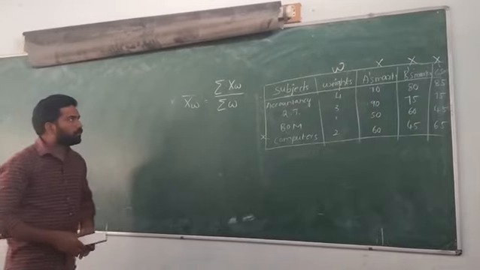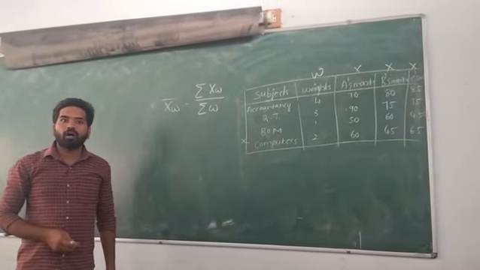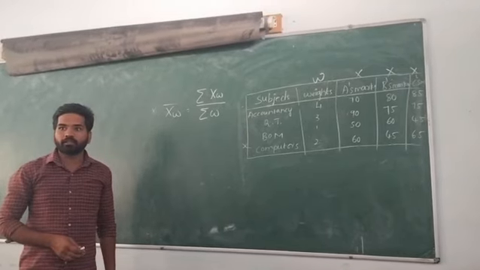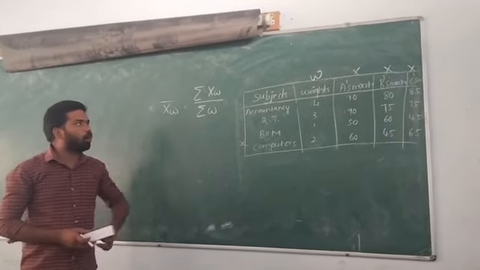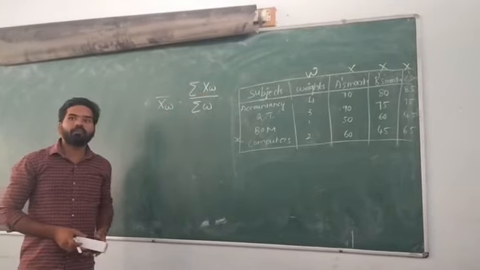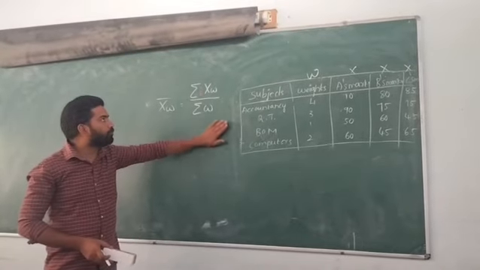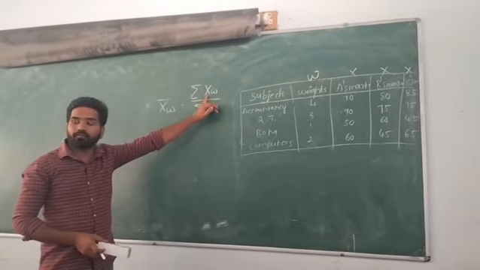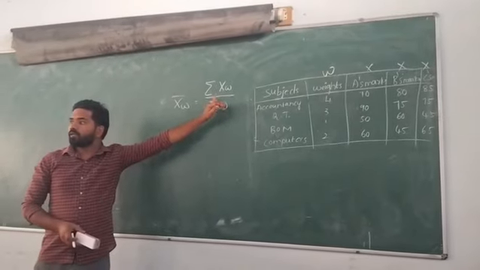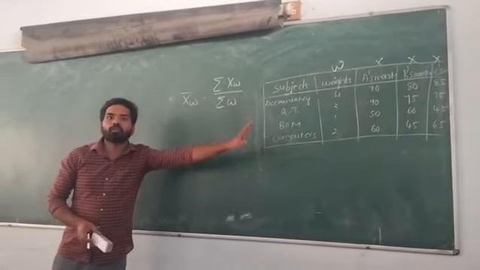Here x is the marks obtained by the students, and w is the weightage. So we have to find the weighted marks of each student.